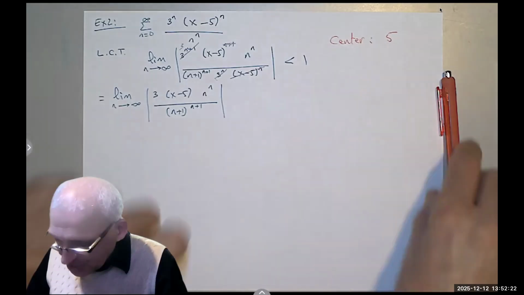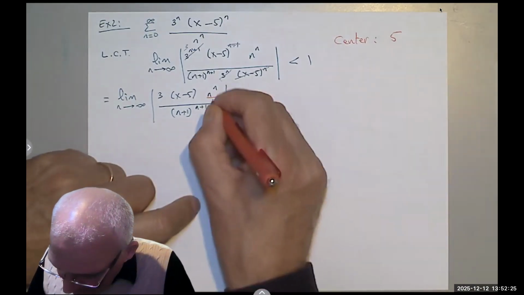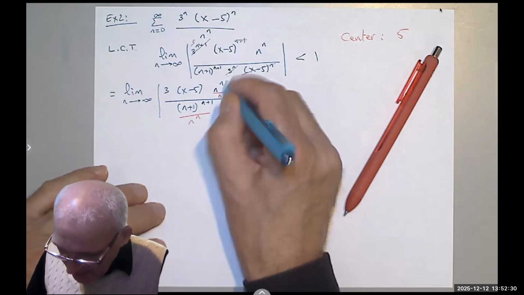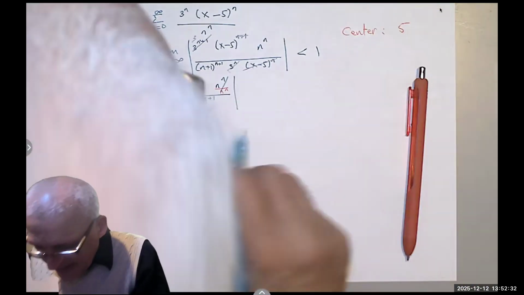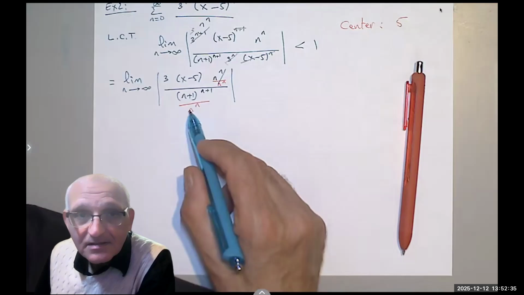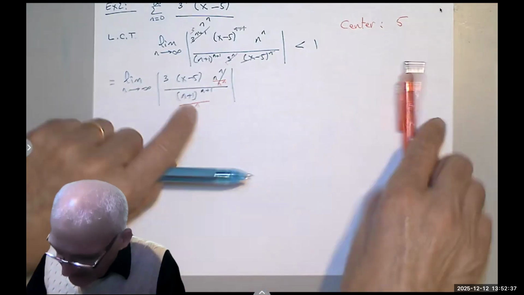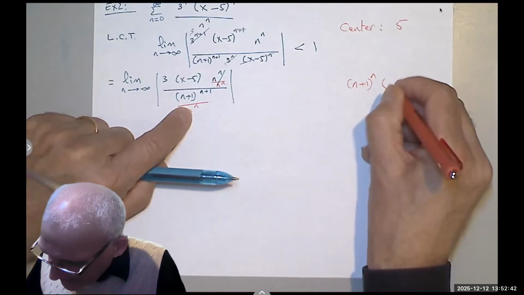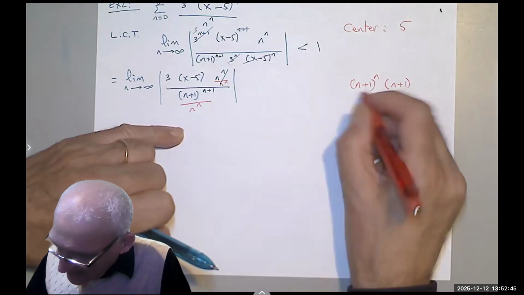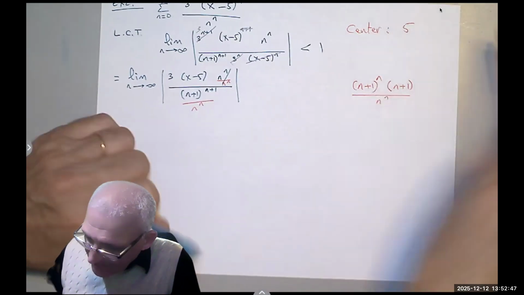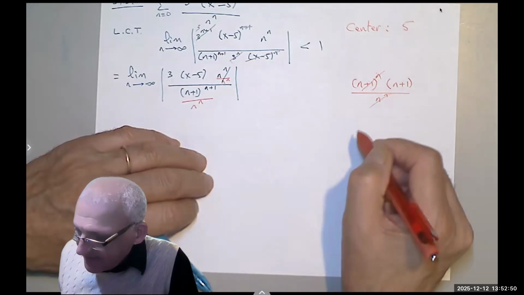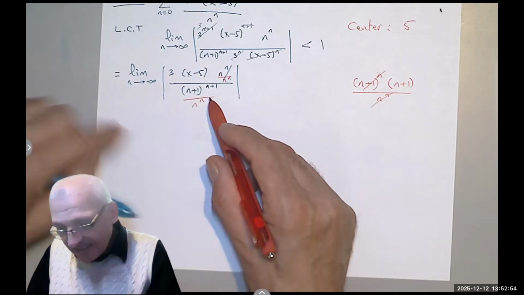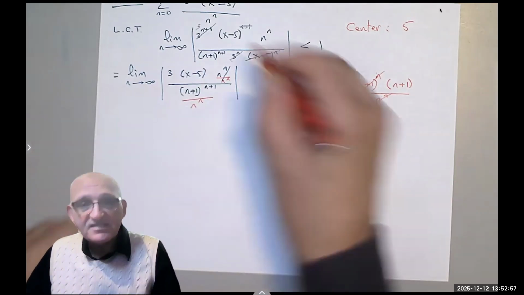If I divide top and bottom by n to the n, the numerator would be 1, and the denominator you can write as n plus 1 to the n times n plus 1, divided by n to the n. The limit of this is 1, so these would cancel, and you end up with an n in the denominator, meaning as n approaches infinity, this whole thing is 0.